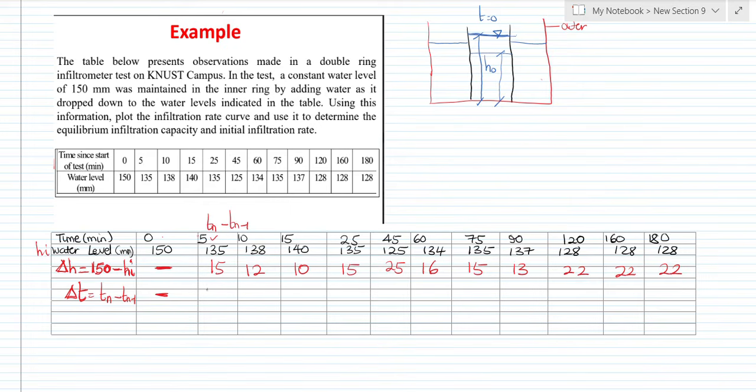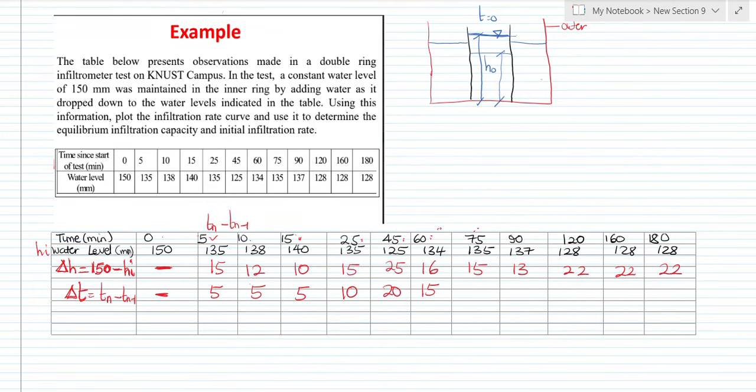So 5 minus 0 here is going to be 5, right? If I am here, it's going to be 10 minus 5, that would be 5. If I am here, it's going to be 15 minus 10, that is 5. If I am here, it's going to be 25 minus 15, that is 10. If I am here, 45 minus 25, that is 20. If I am here, 60 minus 45, that is 15.